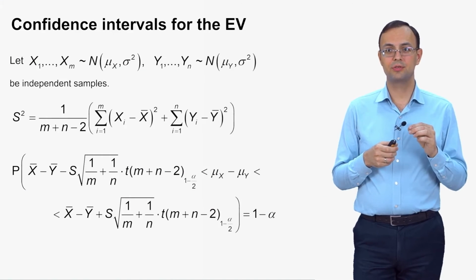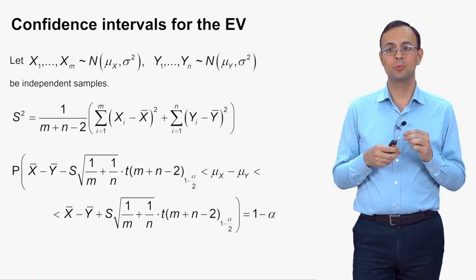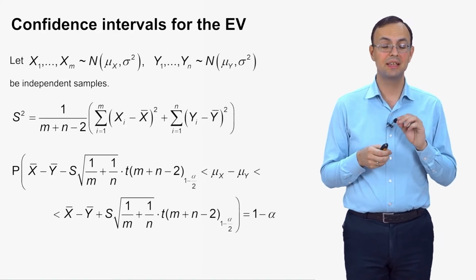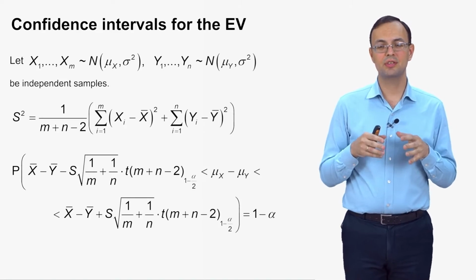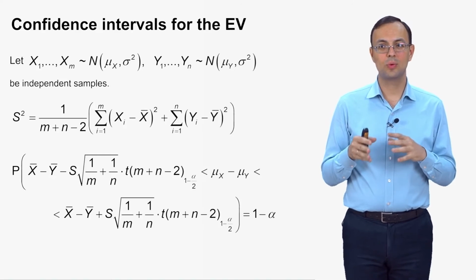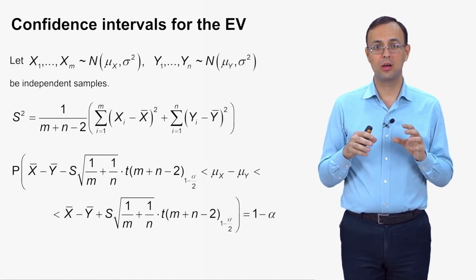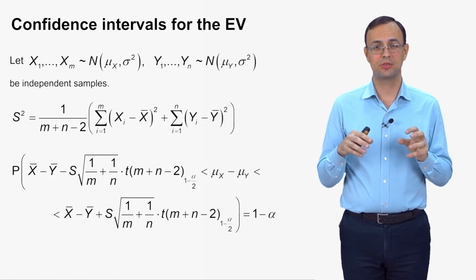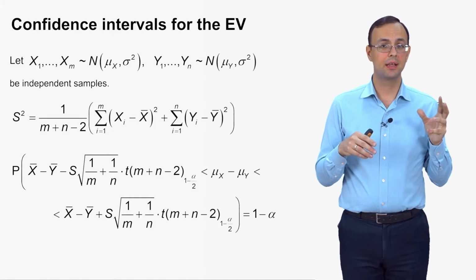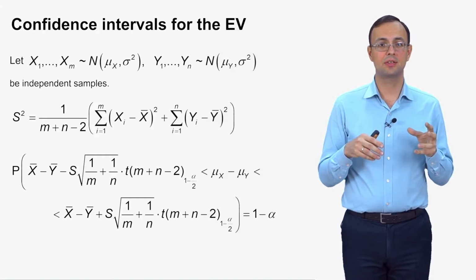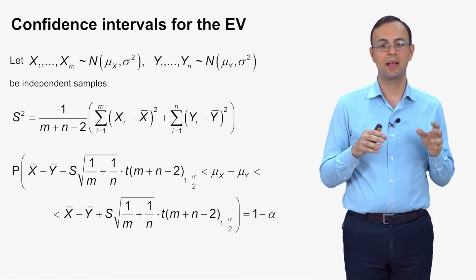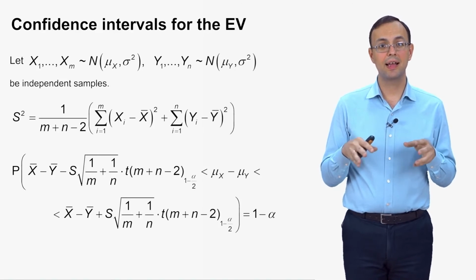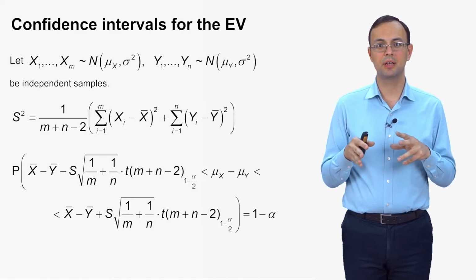Another important situation is when these samples are not paired but independent. This is a situation when x's and y's are observations of different objects. So, for example, you think that people in Moscow have on average higher salaries than people in, let's say, St. Petersburg.